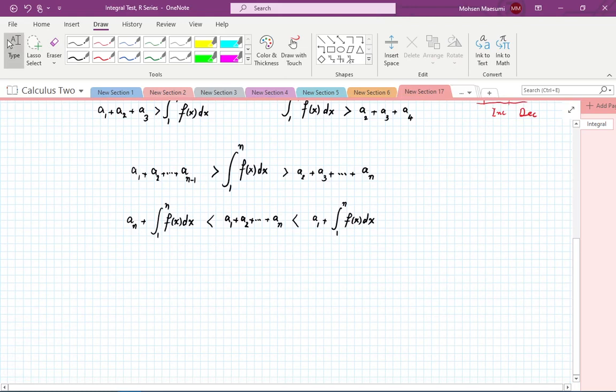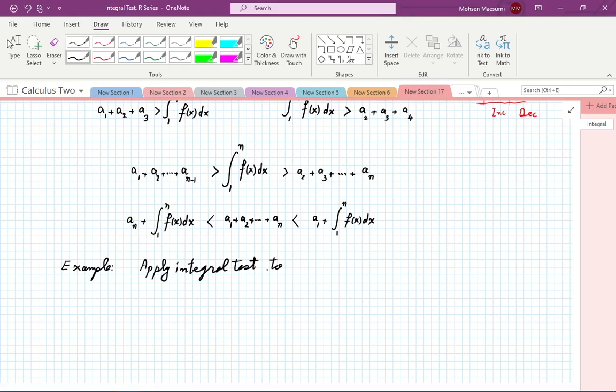For example, let's take a problem. The idea is to apply the integral test to find out if the following series diverges or converges.